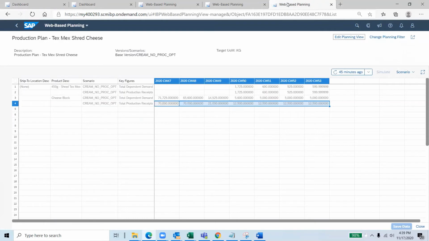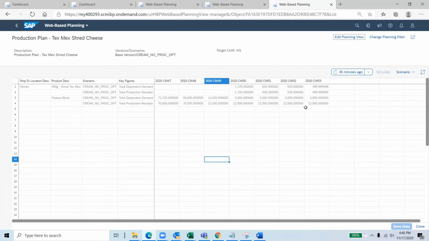As the planning progresses, the planner would definitely want to review what is the proposed production plan against the demand quantity with a view of making any adjustments if required, so that any excess production can be gotten rid of to satisfy any other demand for any other product.